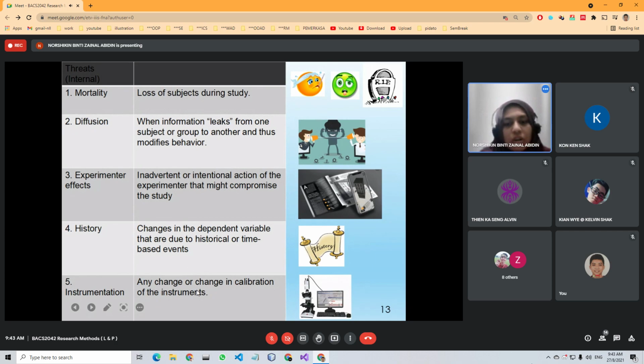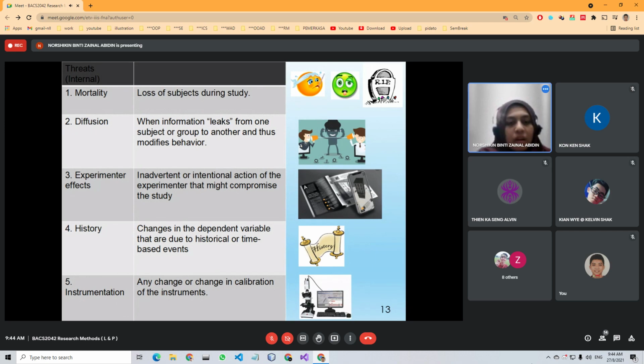Instrumentation: any change or calibration on the instrument. Instruments, like you already know, are interviews, tests, surveys, checklists, questionnaires. Every instrument that we use during our research needs to be sent to an expert to check for validity.